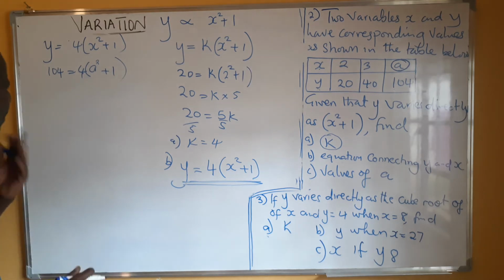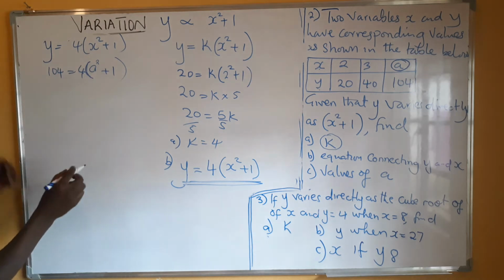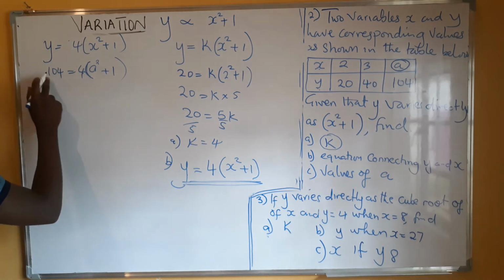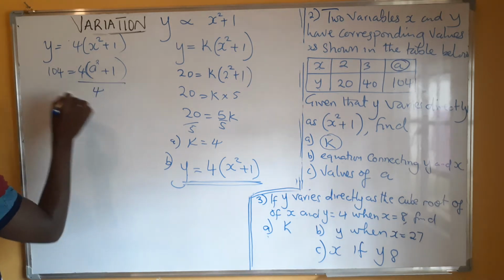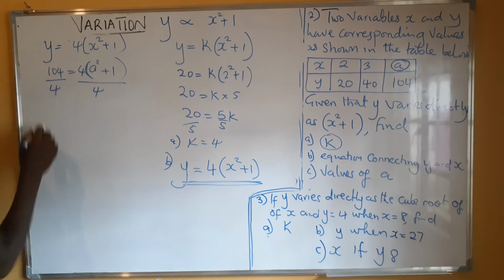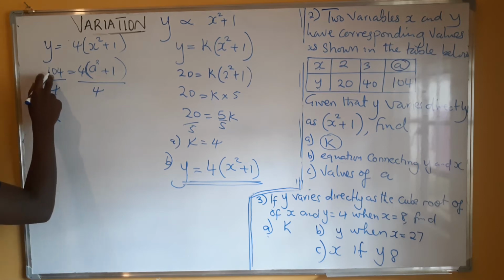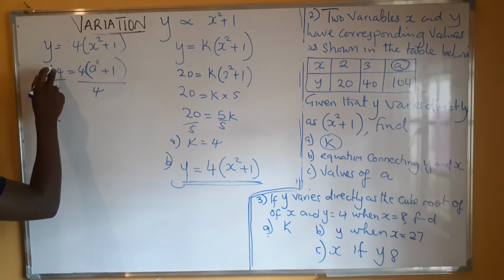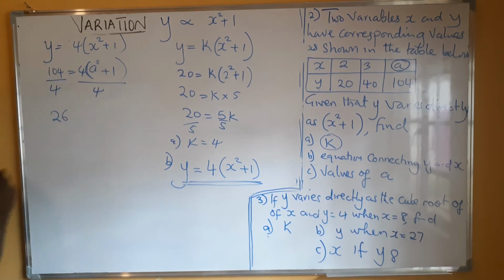The best thing to do at this point is to first see, can 4 go into this number? So that we divide 4 here and also 4 here to get rid of this 4. 4 into 10 is 2 remainder 2. 4 into 24 is 6.